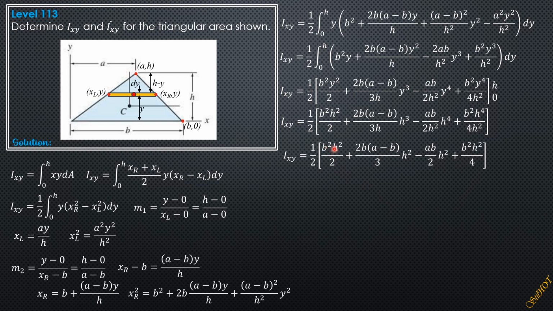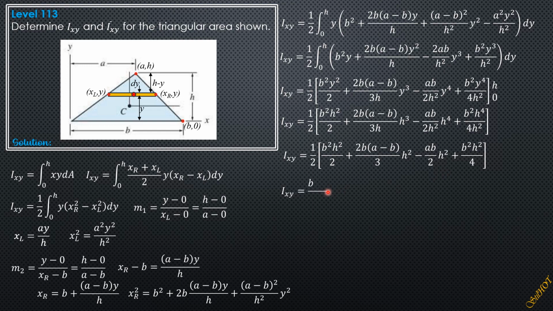So in terms of b square h square, we have 1/2 minus 2/3 plus 1/4, then divided by 2. For ab, we have 2/3 ab h square, then minus 1/2 ab h square.